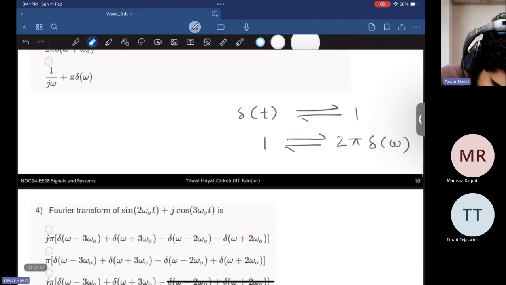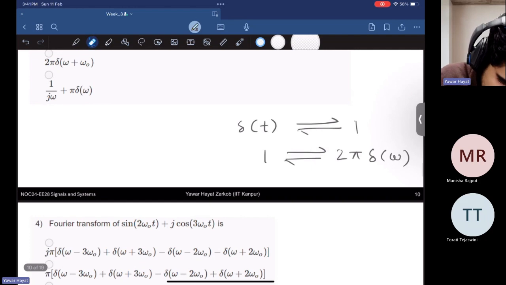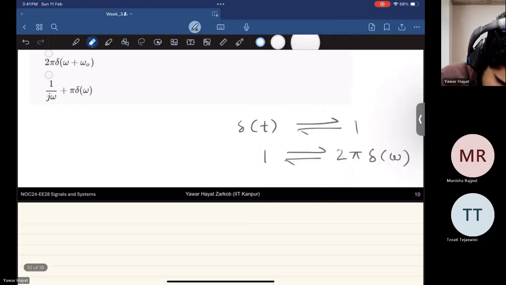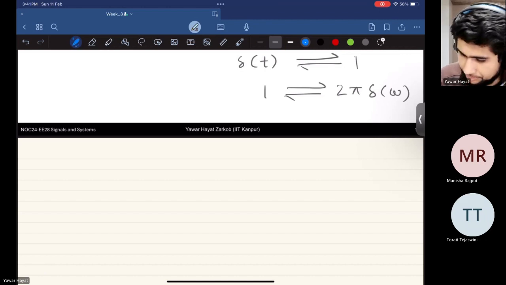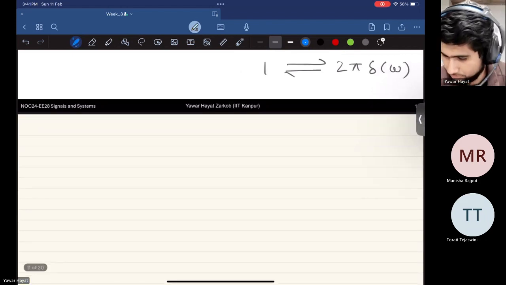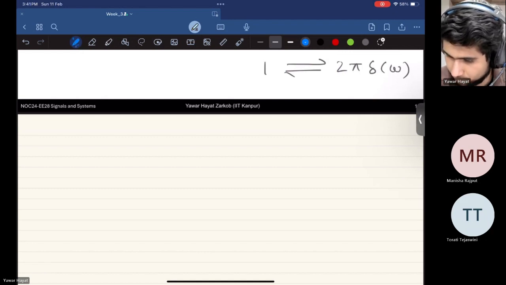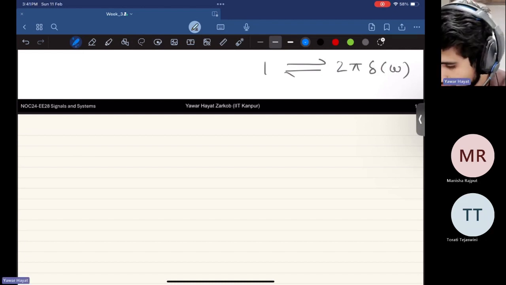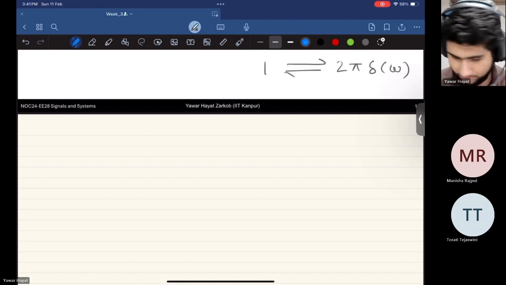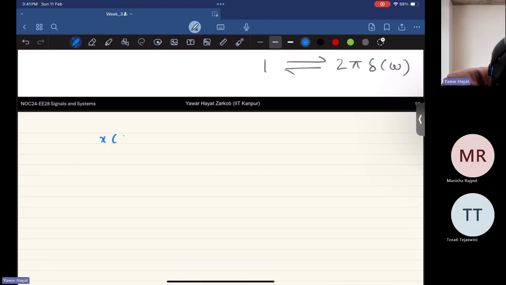So let me start with the proof. Have you computed the Fourier transform of the signum function? Given x of t, what is X of omega?